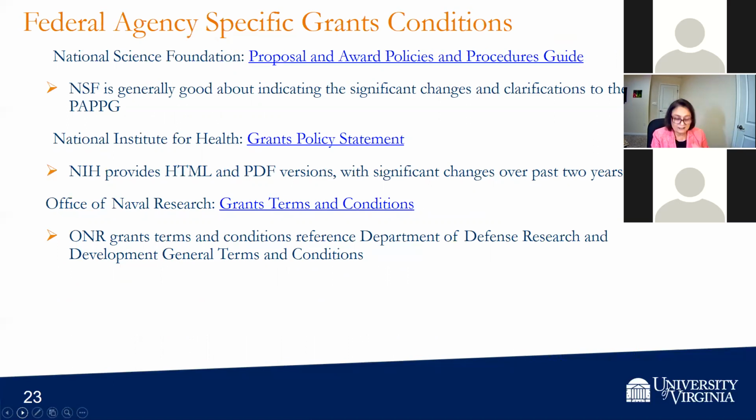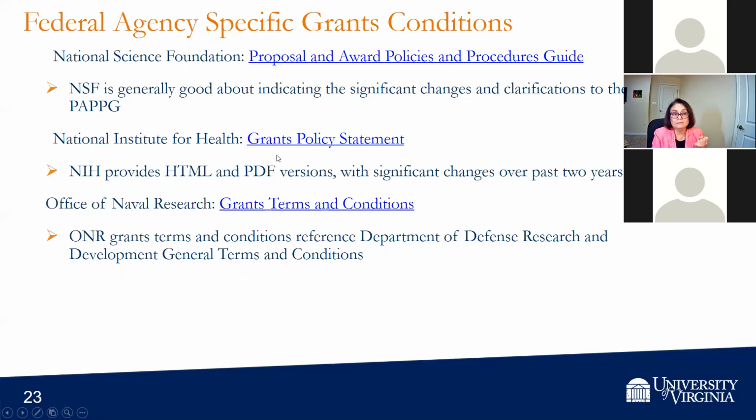They are mostly designed after the uniform guidance, but they do have differences. I just gave 3 examples. For National Science Foundation, we often reference the PAPPG, Proposal and Award Policies and Procedures Guide.